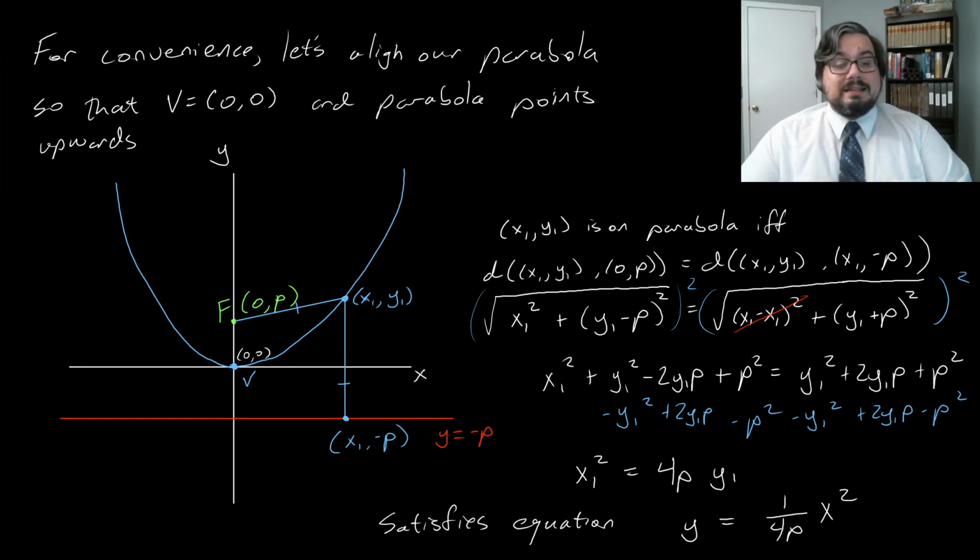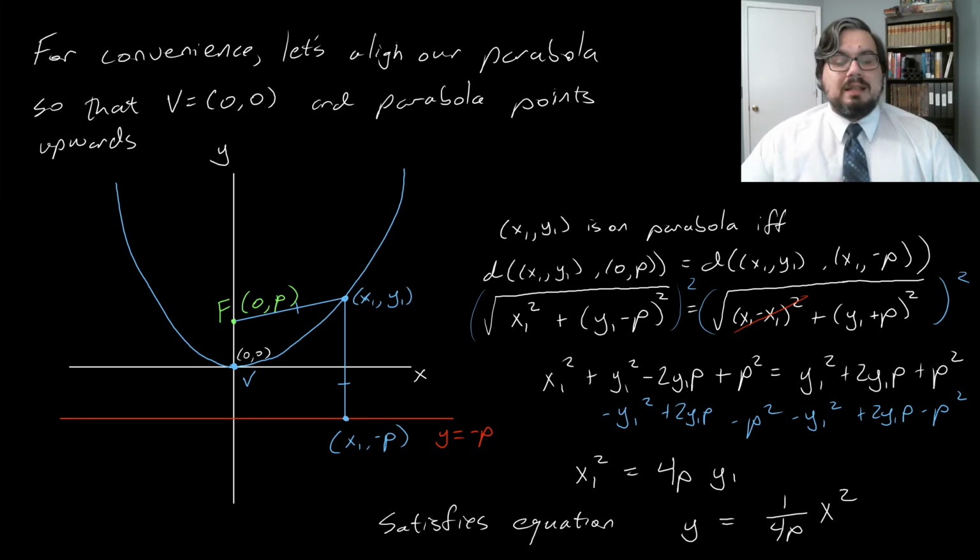So what we see is that when we define the parabola this way, we get an equation for the points on the parabola that is a quadratic equation. And so we can see that we're really just describing the same shape two different ways, one geometrically and one algebraically with an equation.